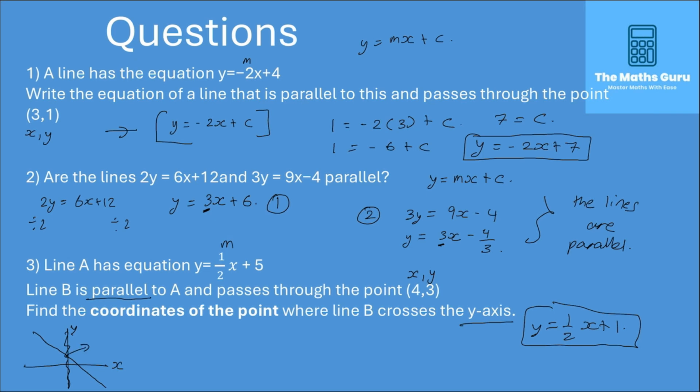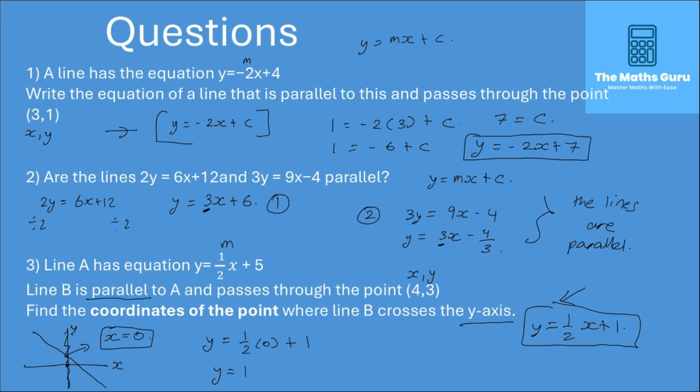When it crosses this point, x is equal to 0. So to find the point where line B crosses the y-axis, we have to plug the value of x equals 0 into our equation. So plugging this in, we get y is equal to a half times 0 plus 1.